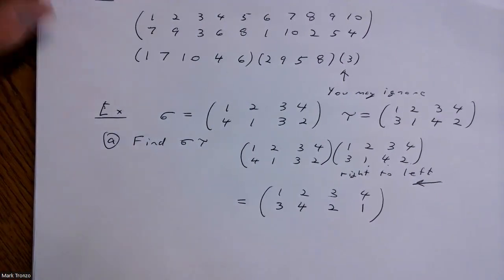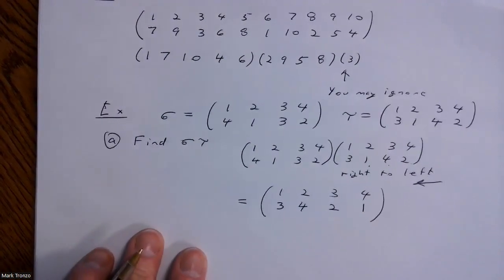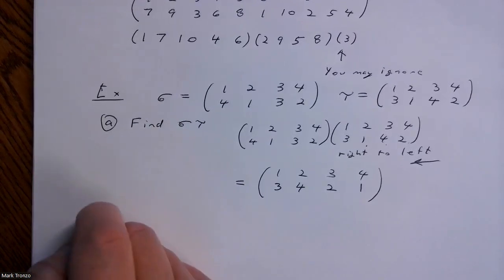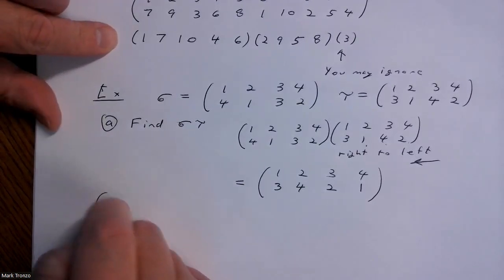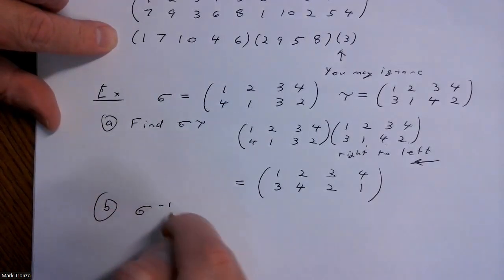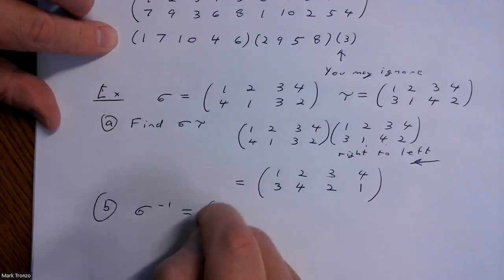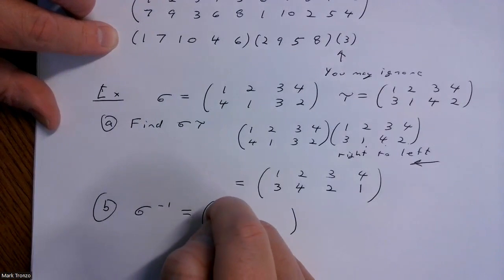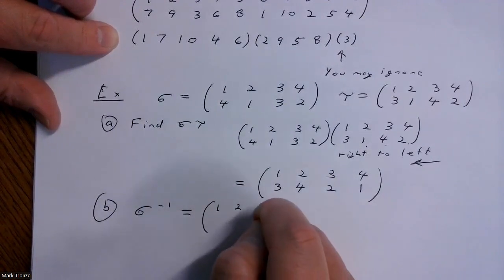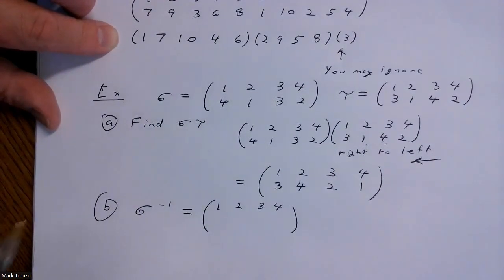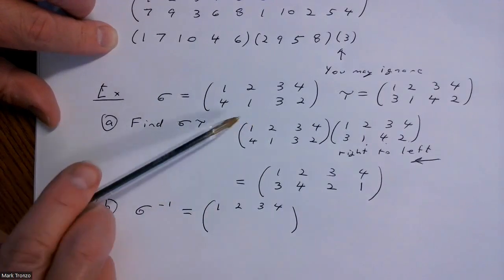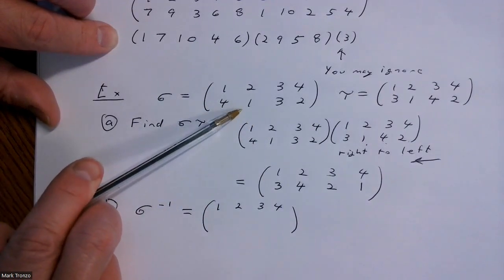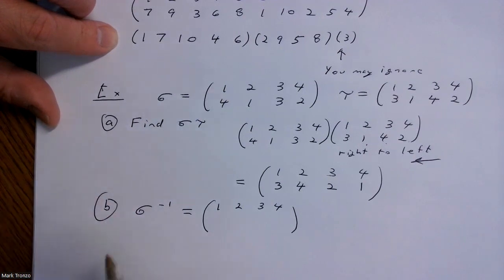And then, of course, if you're going to do inverse, let's say if you want to do sigma inverse, you can do this several ways. Usually what I do, I just put 1, 2, 3, 4, and just work backwards here and just say, okay, this 1 goes to 2.